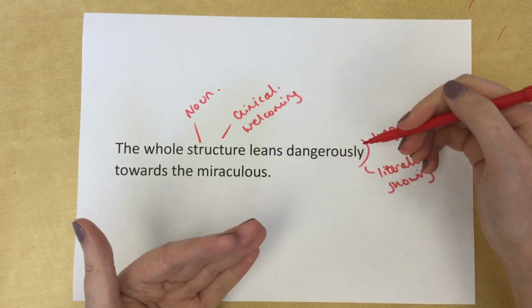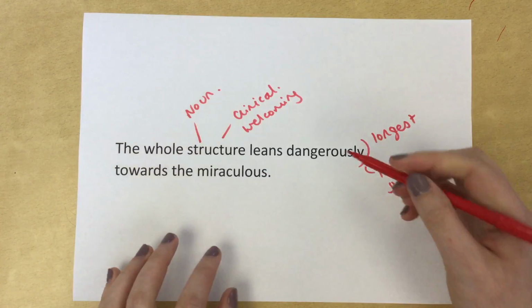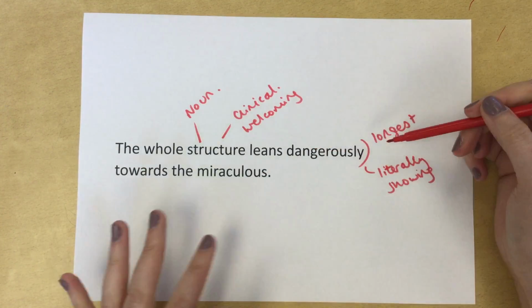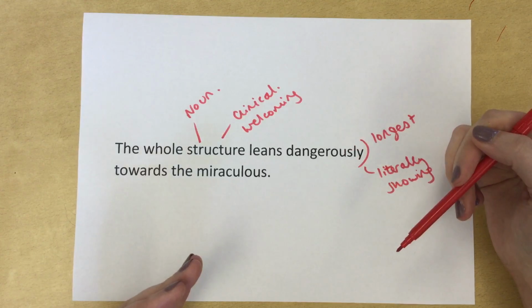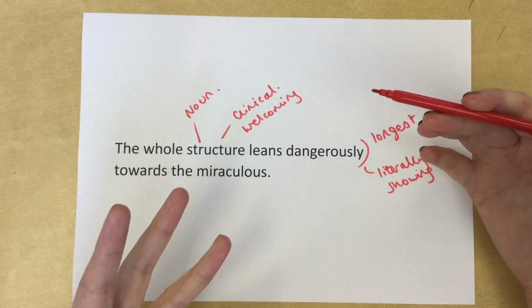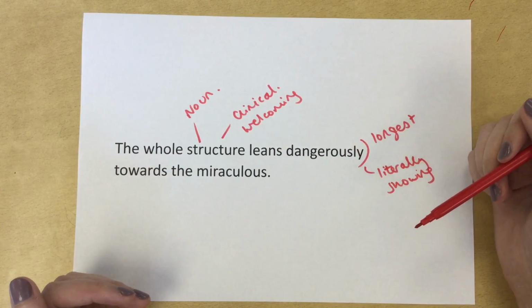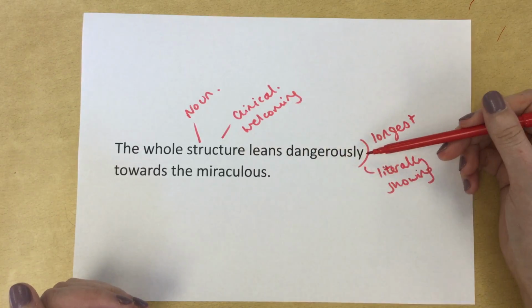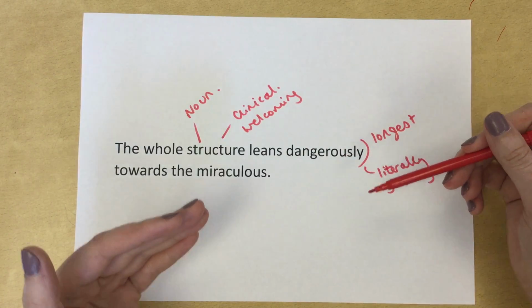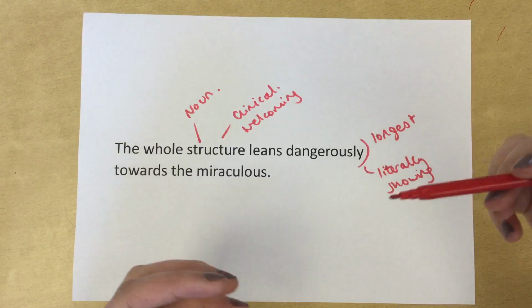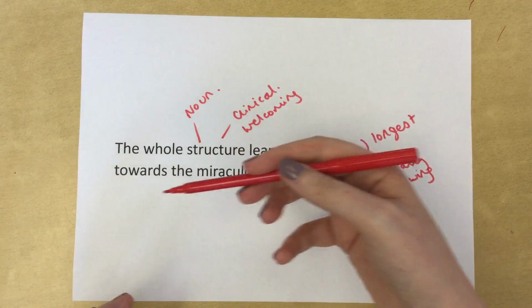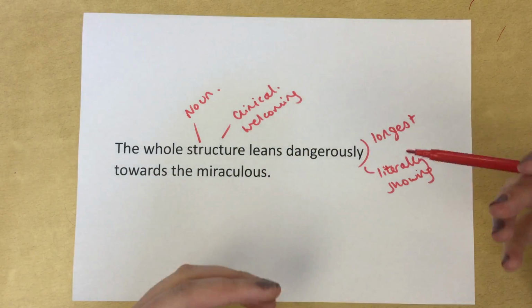This is actually leaning dangerously over the side. So this line structurally is showing physically how these structures can just come apart at any moment and how dangerous it is. You also have the enjambment there to show that possibly there's some sort of pause here that's showing a build-up of tension, leans dangerously towards the miraculous. So there's some sort of worry there.